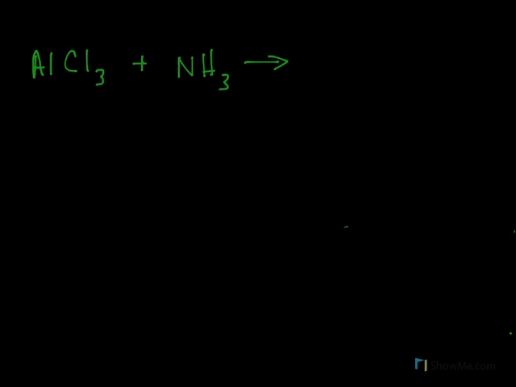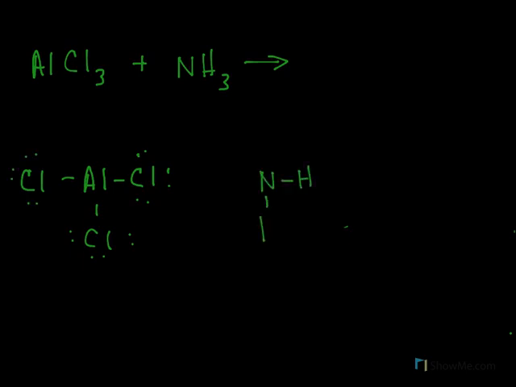Okay, so how about this reaction? Well, let's put it in Lewis structure diagrams so we'll see what's going on. So this is the Lewis structure of aluminum trichloride. And this is the structure of ammonia.